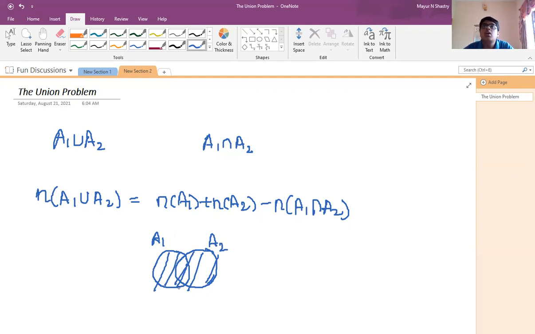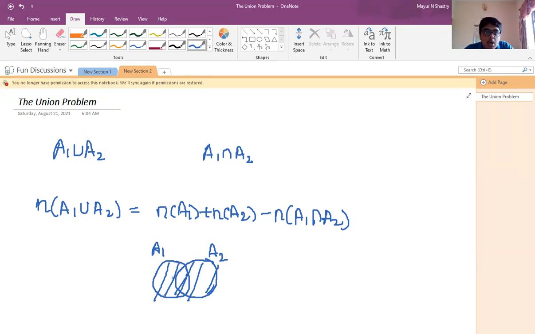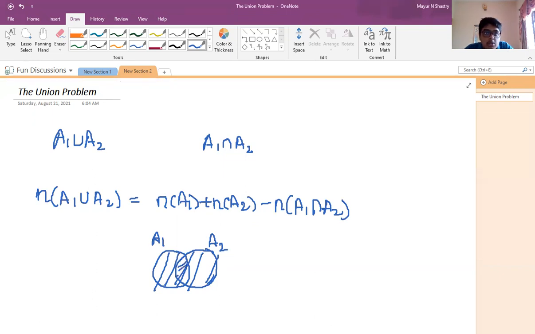But we over counted the central part, because we counted it in A1 and A2 as well. So we need to subtract that. We need to count it only once. So we subtract n of A1 intersection A2. Now we go further.